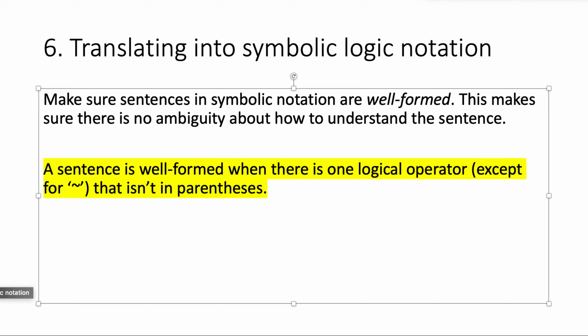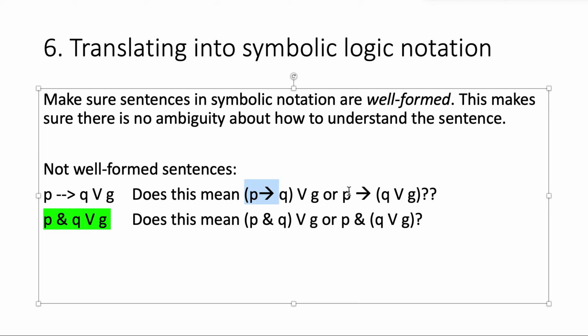So let's go back to the last slide. Here, what I'm highlighting with my cursor on this slide, these two sentences are well formed because there's only one logical operator. In the left-hand sentence, it's the or, the disjunction. The right-hand sentence, it's the conditional, the arrow.